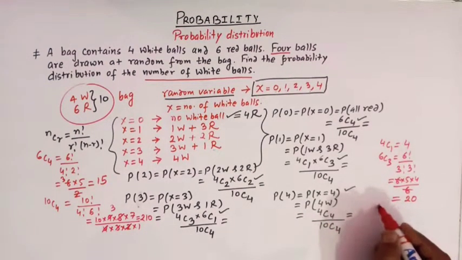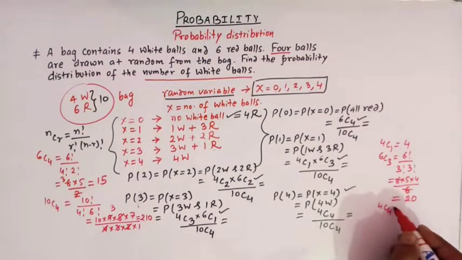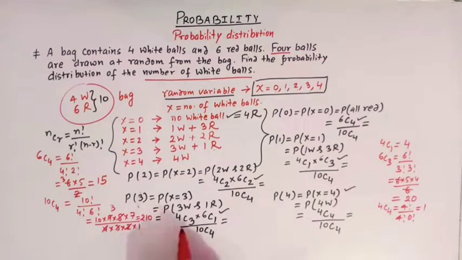And 4C4 is simply 1 because it is 4 factorial over 4 factorial, and 4 minus 4 is 0 factorial, so this is simply 1, right?